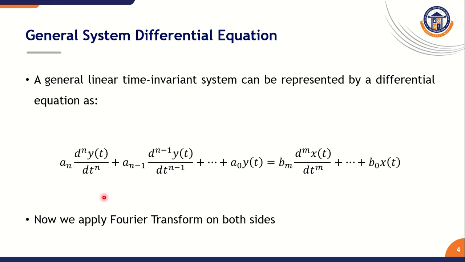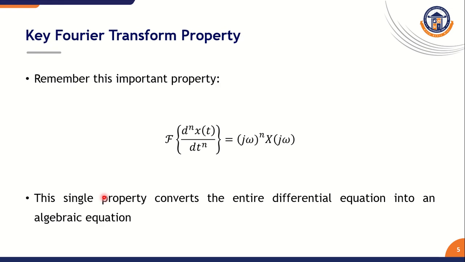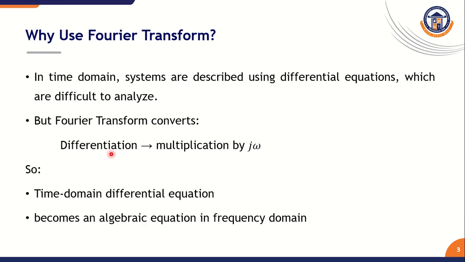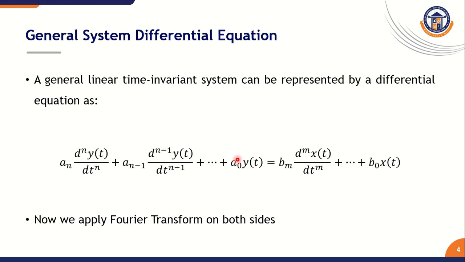Now we apply the Fourier transform on both sides. Before that, the important key Fourier transform property is that the Fourier transform of d^n x of t by dt^n is equal to (j omega)^n times X of j omega. Already we discussed this concept. Here our differentiation is converted into multiplication by j omega.